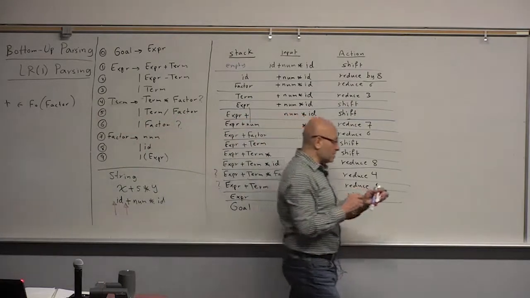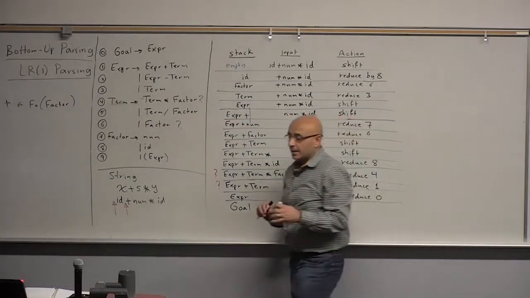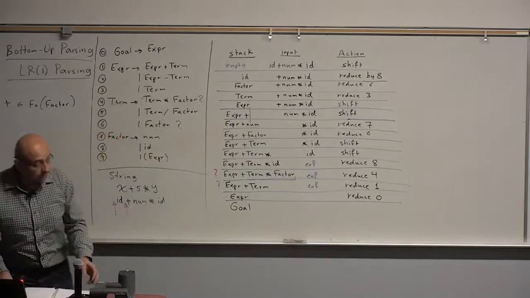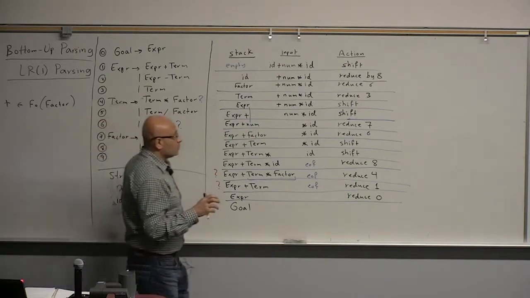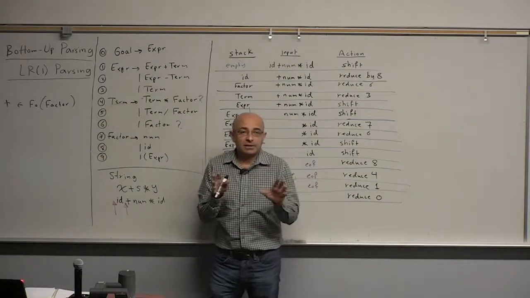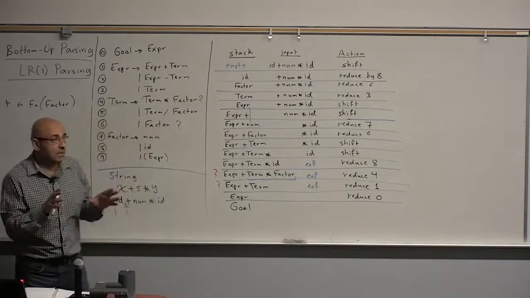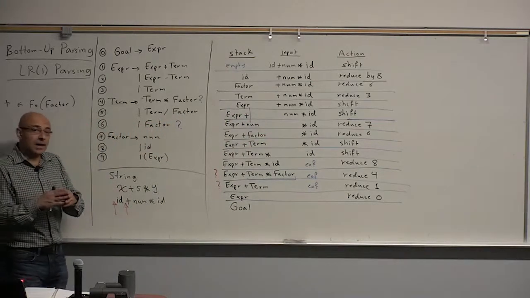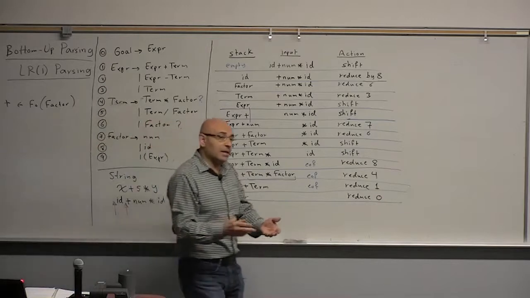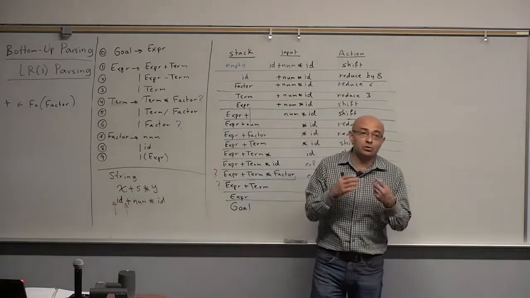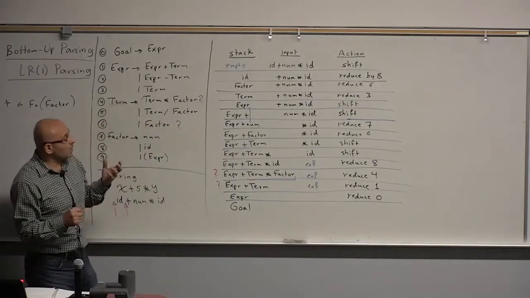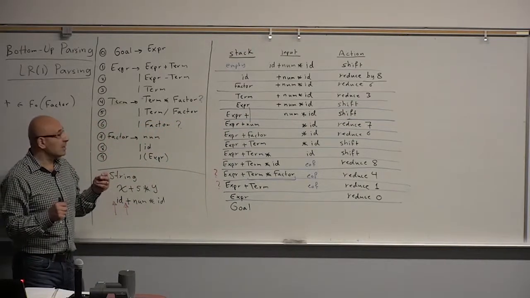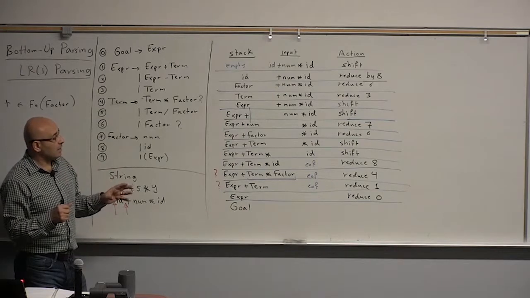So this shows how bottom-up parsing works, but it doesn't give us a systematic approach for determining whether to shift or to reduce, and in case of reduction, which rule to use. This is exactly what the LR(1) parsing algorithm is about. It's about a systematic way of doing this.